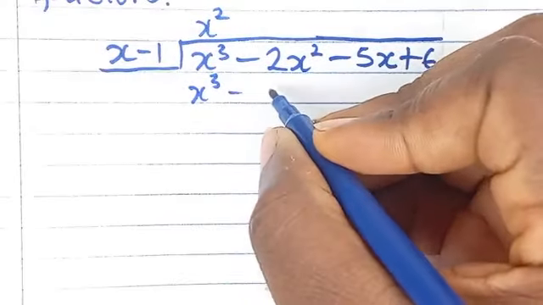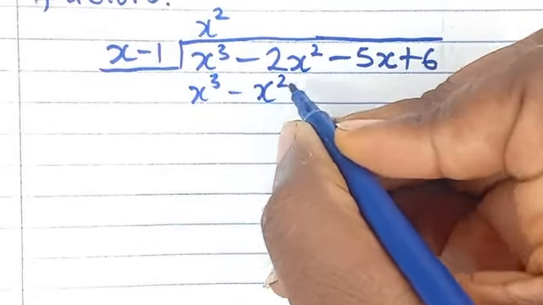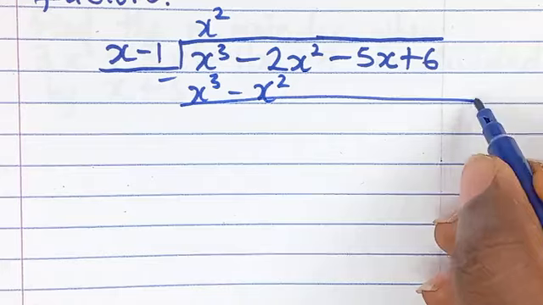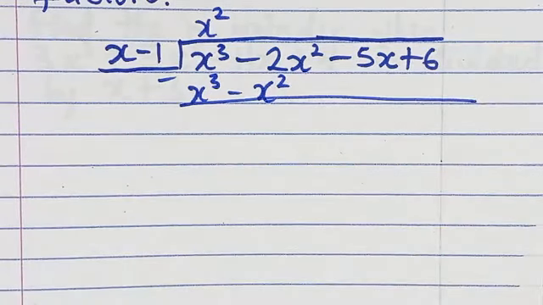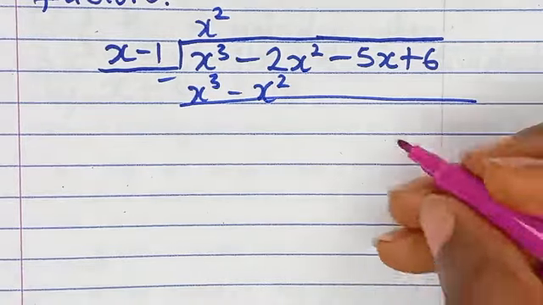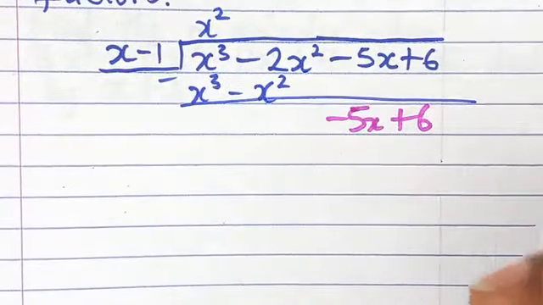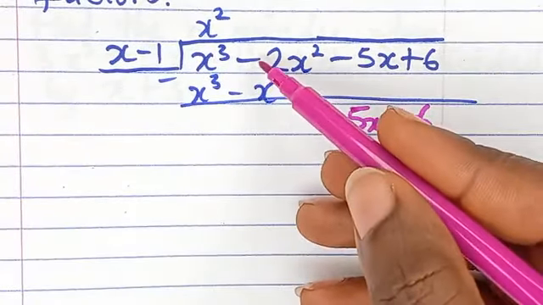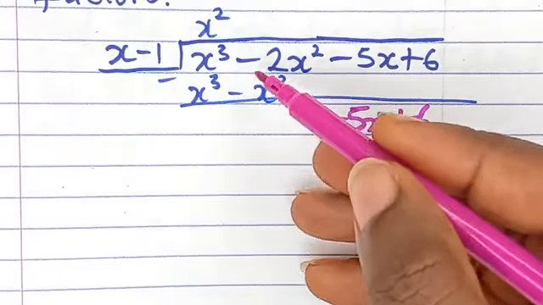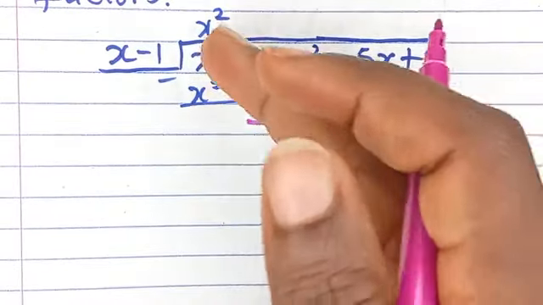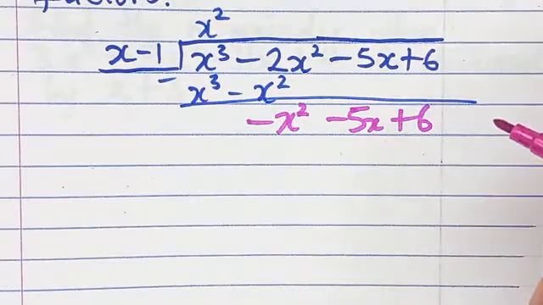X squared times minus 1 is minus x squared. We subtract. Let me use another color for that. When we subtract, we are going to have plus 6 brought down, minus 5x brought down, and then minus 2 minus x squared is minus 2 plus x squared is minus x squared. This term minus itself is 0.